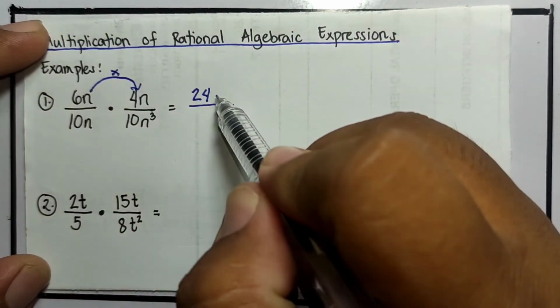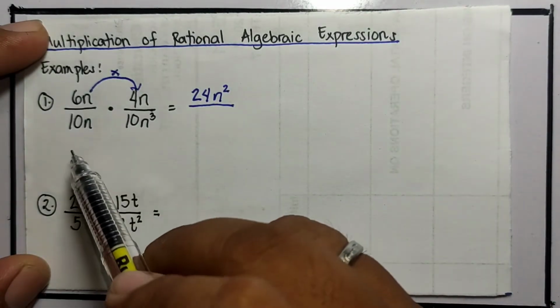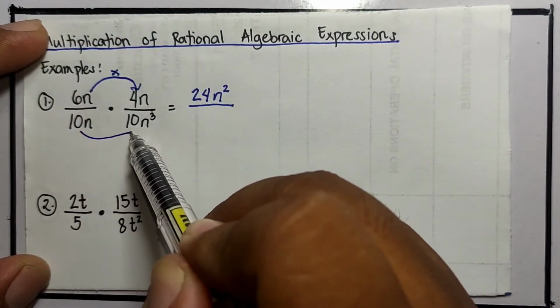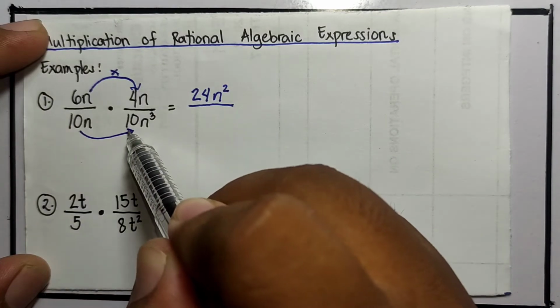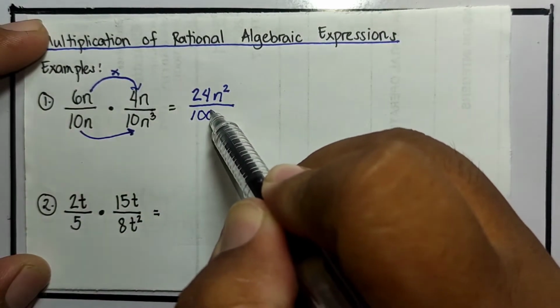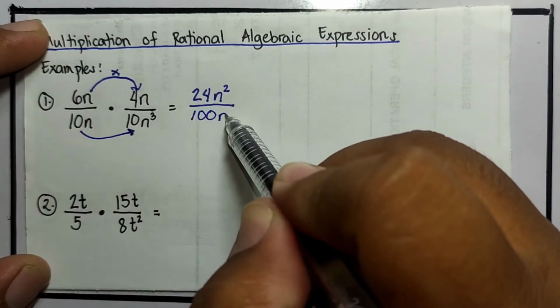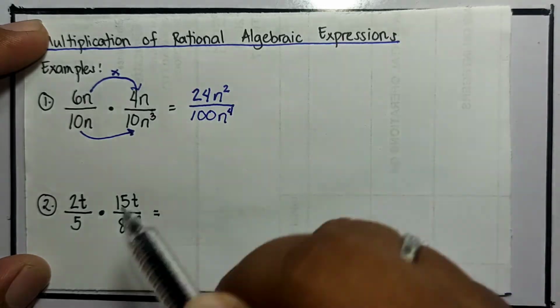N times n is n squared. Then, multiply both denominators. 10 times 10, 100. N times n is n raised to 4.